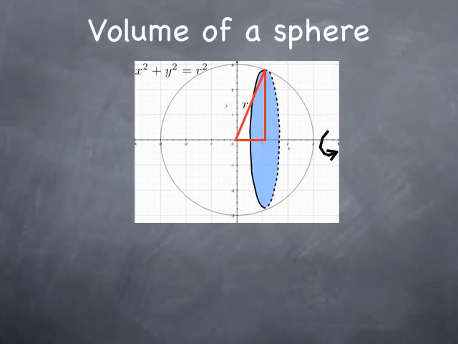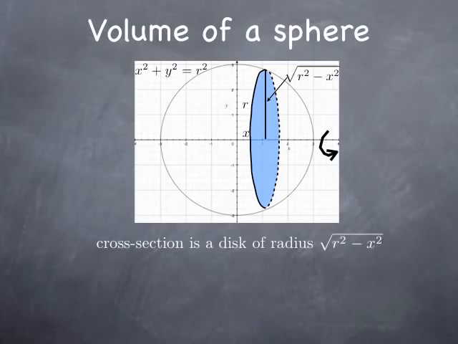The base that sits along the x-axis has length x, because we are looking at the cross-section by the plane x equal constant. And therefore, this length, which is the radius that we're looking for, is square root of r squared minus x squared. In other words, we've established that the cross-section by x equal constant is a disk of radius square root of r squared minus x squared, where r is the radius of the sphere.